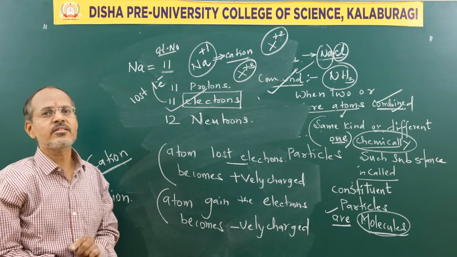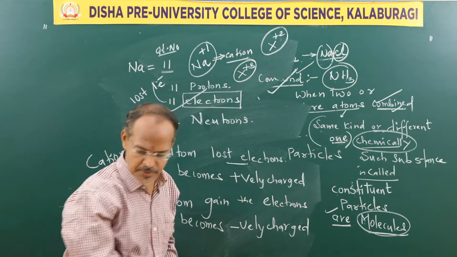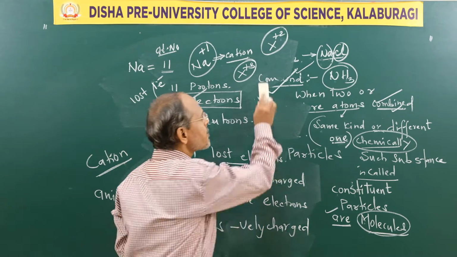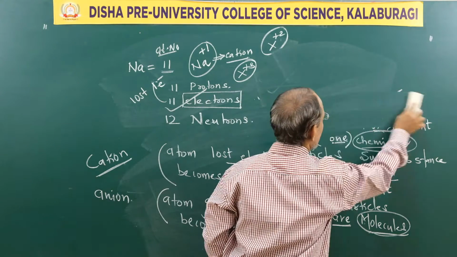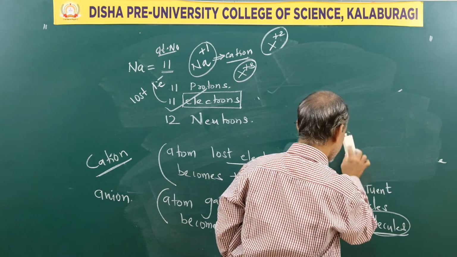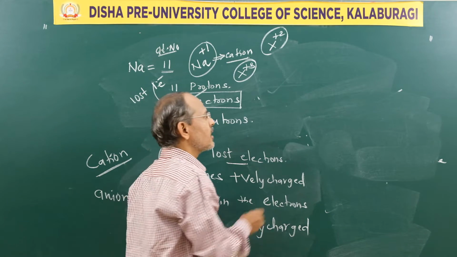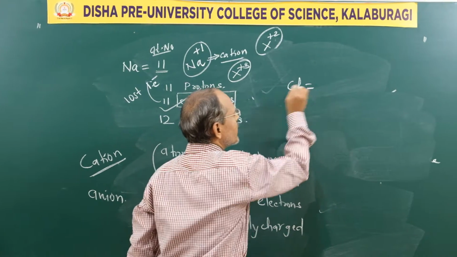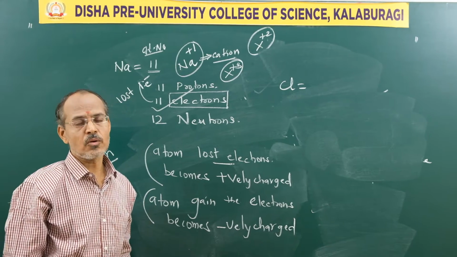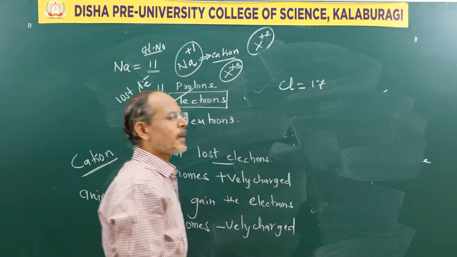Another example is chlorine. Chlorine's atomic number is 17.